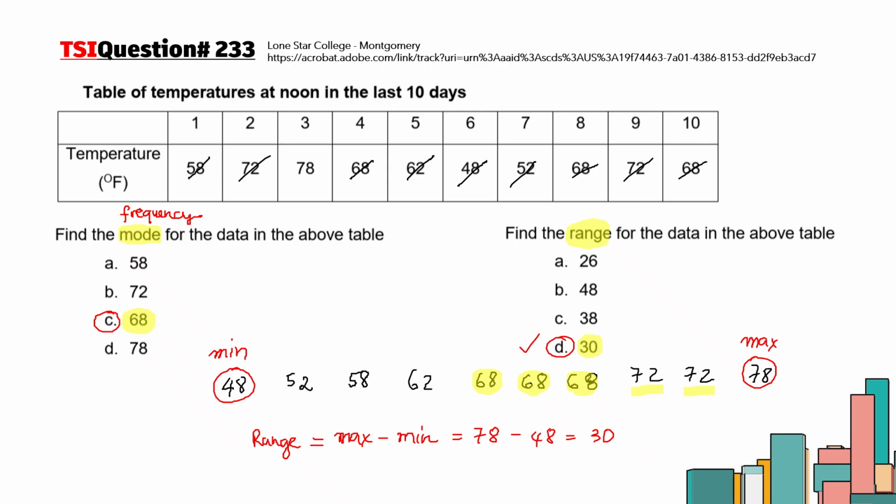By the way, we can review the mean. The mean is the average. So we have the sum of all the given numbers divided by the total number of numbers in the list.